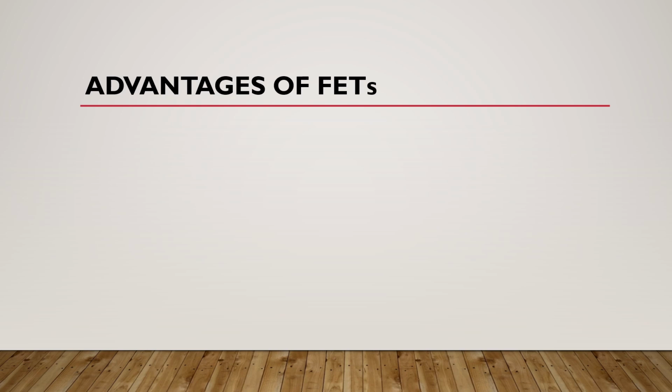Now we will talk about advantages of field effect transistors. One of the most important characteristics of these field effect transistors is their high input impedance. Due to this reason, they are preferred in circuits and systems requiring high impedance.